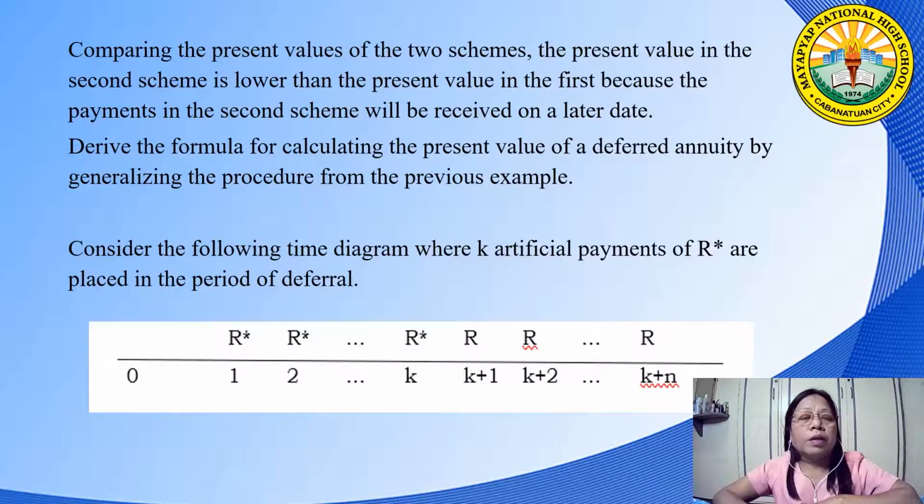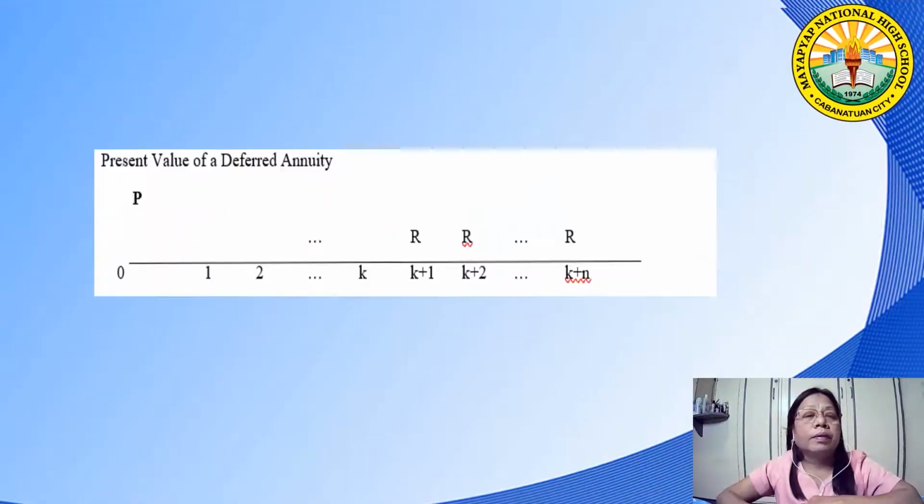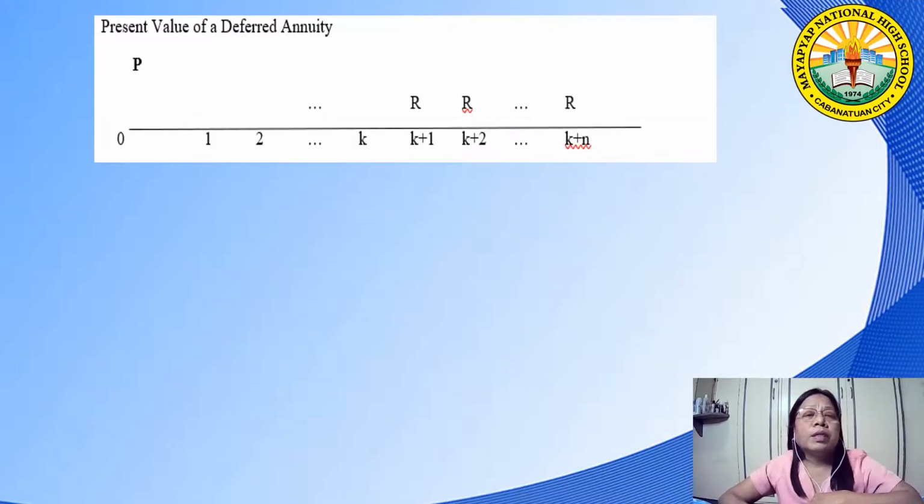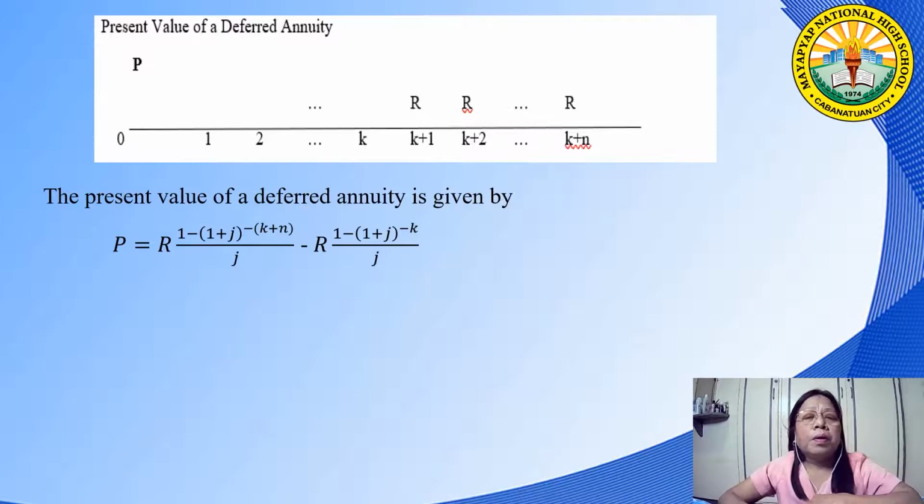So the present value of a deferred annuity is given by P equals R times 1 minus quantity 1 plus j raised to negative quantity k plus n, over j, minus R times 1 minus quantity 1 plus j raised to negative k, over j.